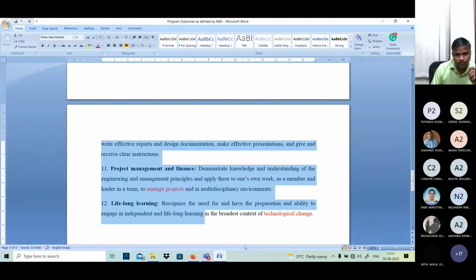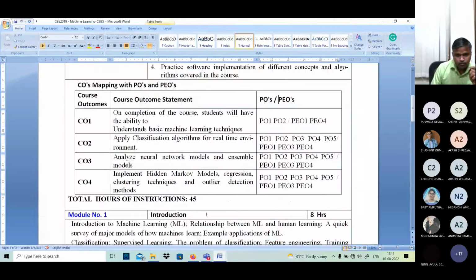Here, course outcome 1 gives the student knowledge to understand basic machine learning techniques, which is related to program outcome 1, program outcome 2, and the program educational objectives.